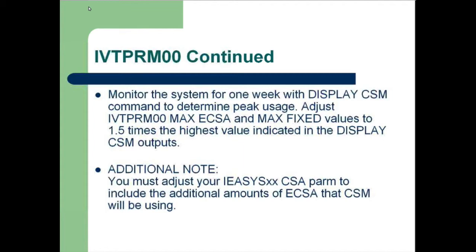Adjust the IVTPRM00 max ECSA and max fixed values to 1.5 times the highest value indicated in the display CSM outputs. Additional note, you must adjust your IEASYSxx CSA parameter to include the additional amounts of ECSA that CSM will be using.